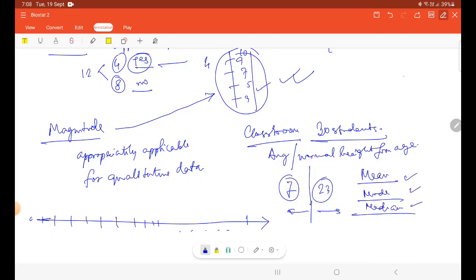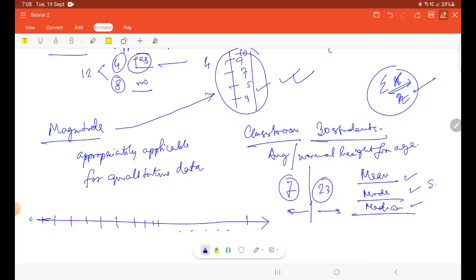So what is mean? If we have an idea, you can tell that mean is the total of the height of all the students divided by the number of students. So average of height.